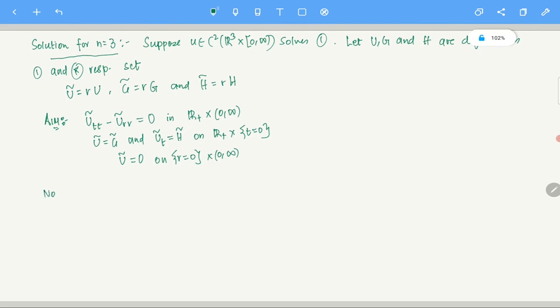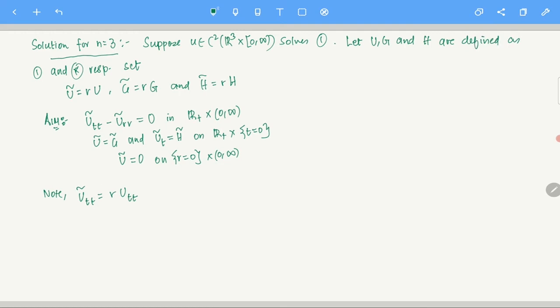Note that U tilde_tt is r U_tt. There is nothing to do here, because t is not doing anything essentially here. So you can just take the derivative inside and push it together.